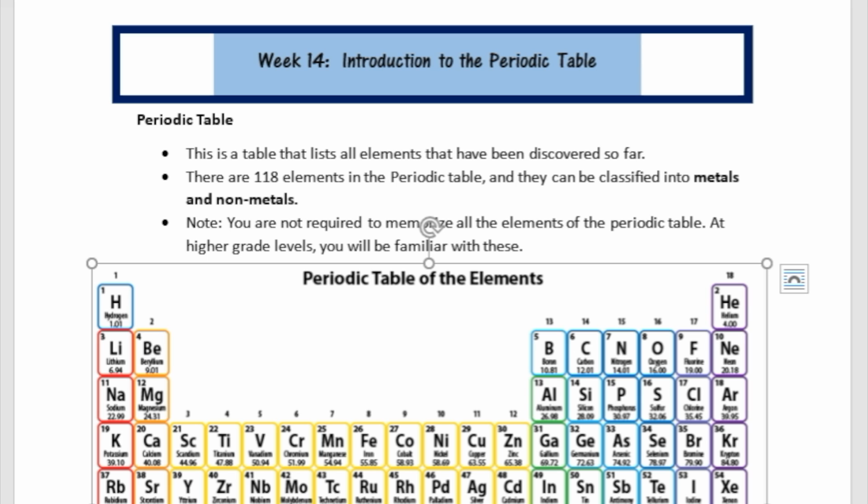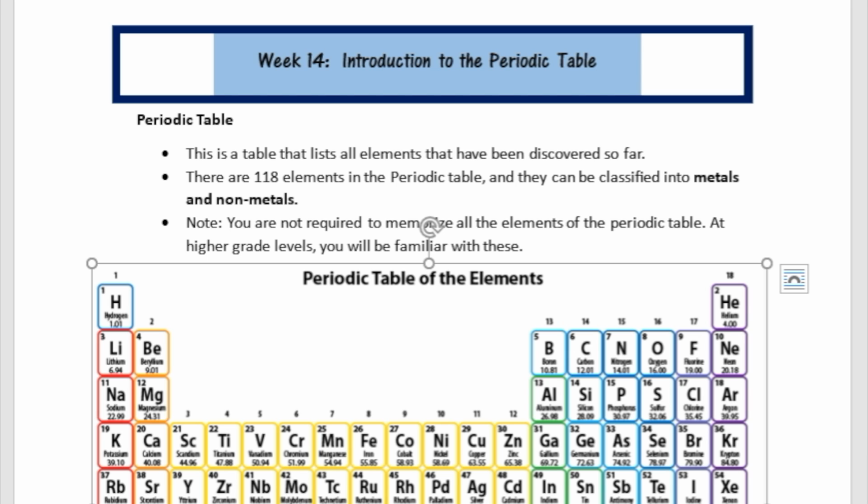This periodic table helps us to understand metals really quickly. If you see this red symbol around the particular element, you're going to know that's a metal. They classified it into even different kinds of metals: alkali metals, alkaline earth, transition metals, basic metals, metalloids, and non-metals are going to be in the blue category.